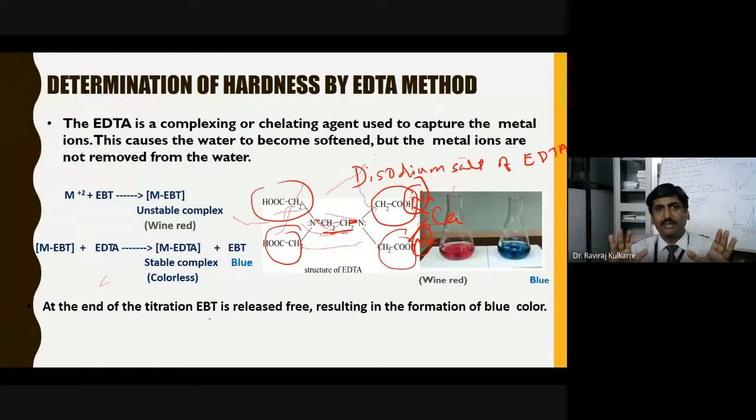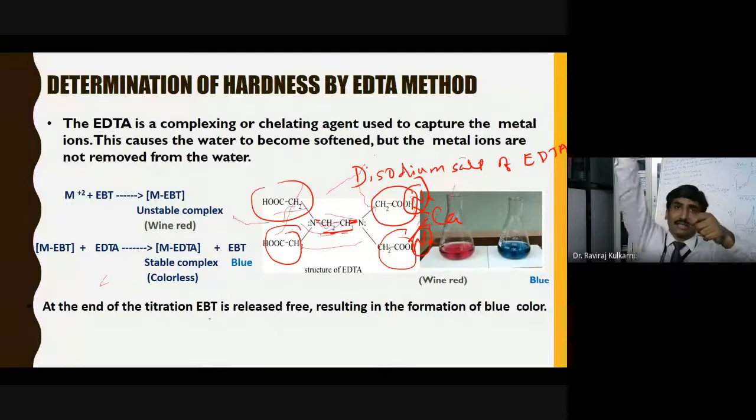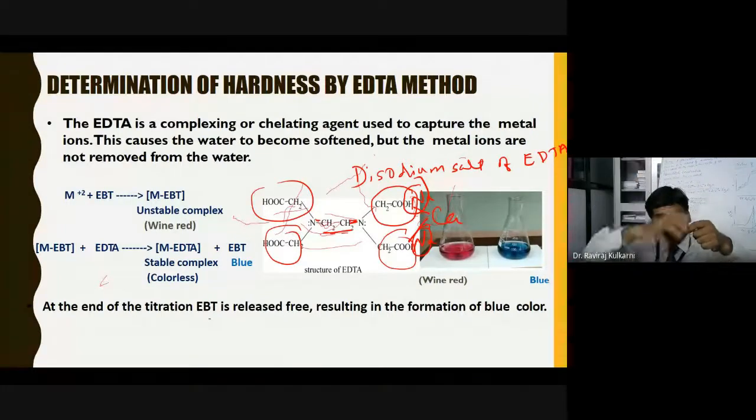How do we determine it? We use the EDTA method. We take a burette, which we call an ion exchange column, and fill it with ion exchanger. We pass the hard water through that ion exchange resin, and the water we get is soft water.